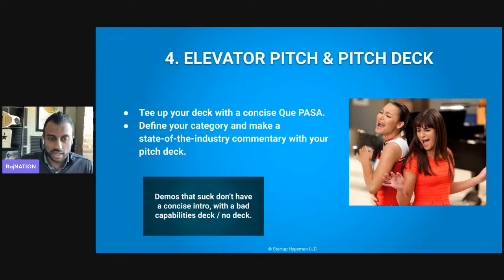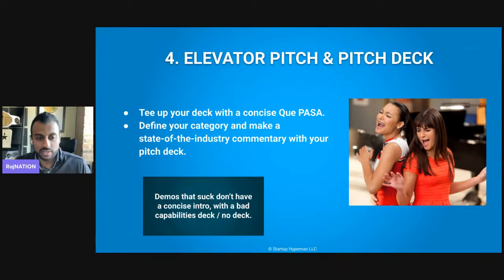Demos that suck have no concise way of introducing themselves. Like I said, company I was reviewing the other week, 4-minute introduction on what they do. That's way too long. So they don't have a concise way to talk about what they do, and they either have a bad presentation deck, and it's like a capabilities deck where slide 1 is about us, slide 2 is our customers, slide 3 is our product, slide 4 is our executive team and our experience, et cetera.